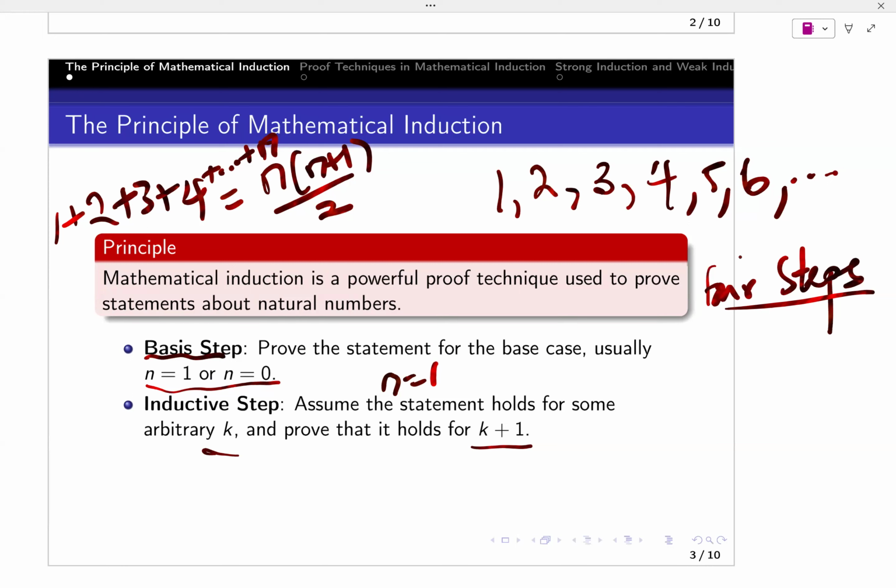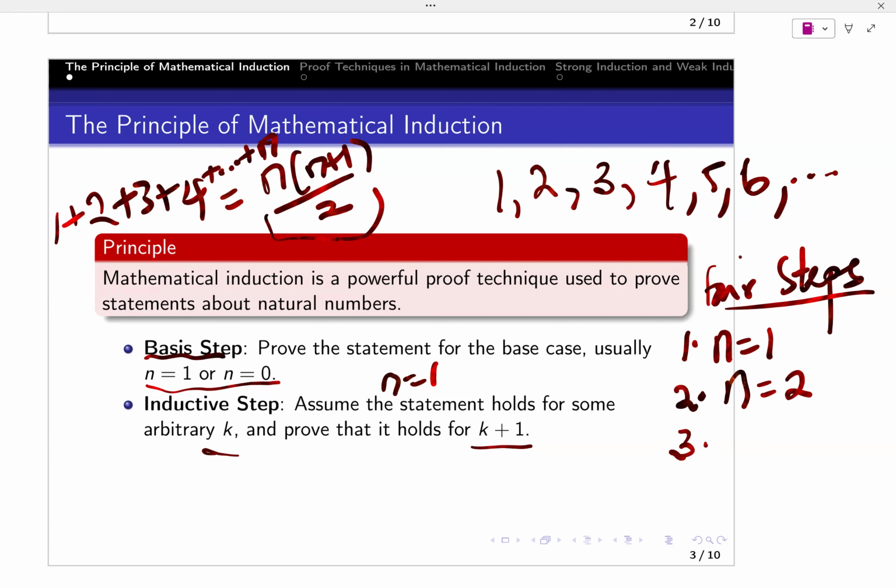So if you want to take care of this statement, I break down the basis and inductive steps into 4 stages. The first is where I prove the statement for n equals 1. That's actually enough, but to really convince you that you're doing the right thing, I also like to prove the statement for n equals 2.